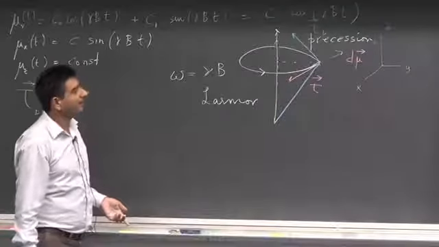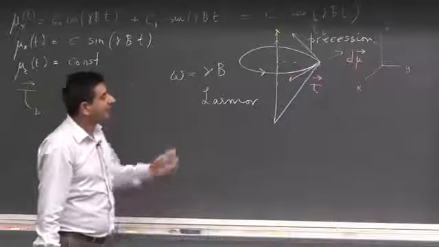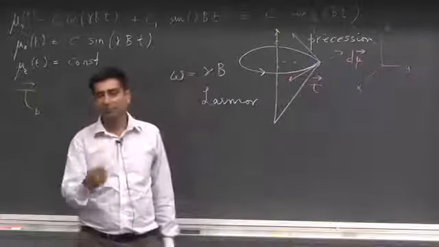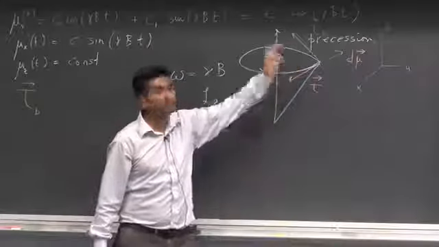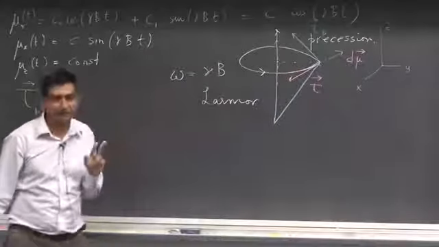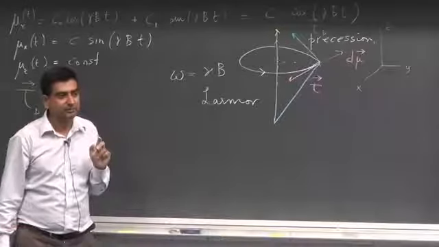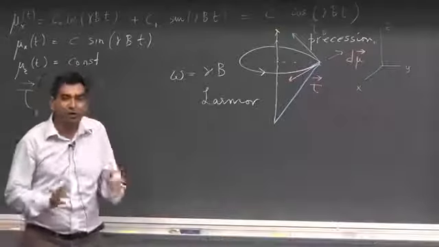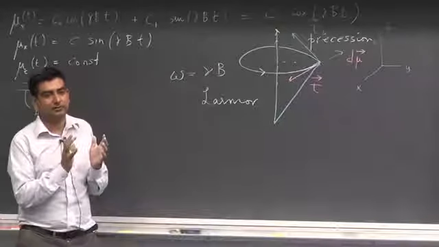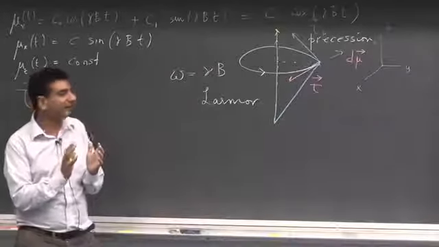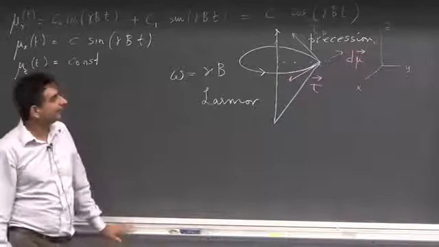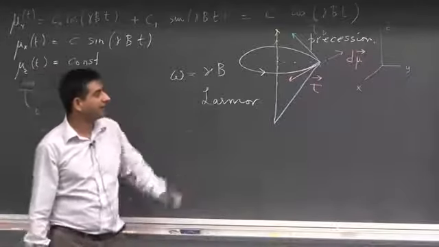If I write this, okay, can I take any two vectors inside this diagram and form a cross product between those vectors, and the cross product is along tau d? Can I identify two such vectors? You see, torque is mu crossed with a magnetic field. Okay? So I would like to write this as a cross product of two vectors. What two vectors could I take here by looking at the diagram?